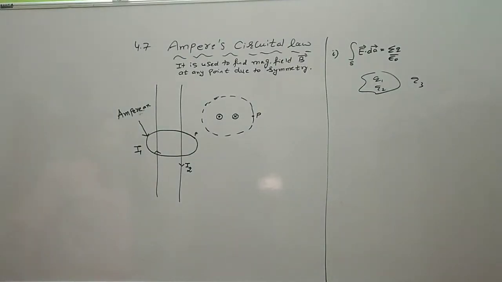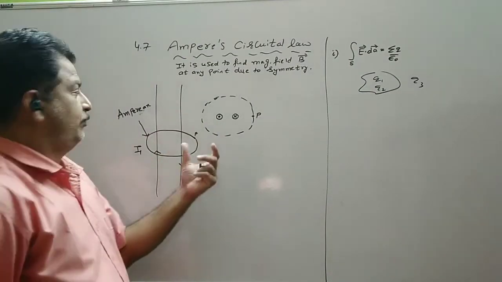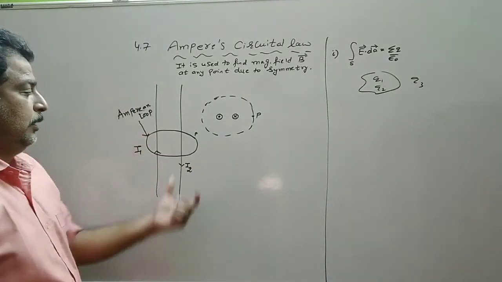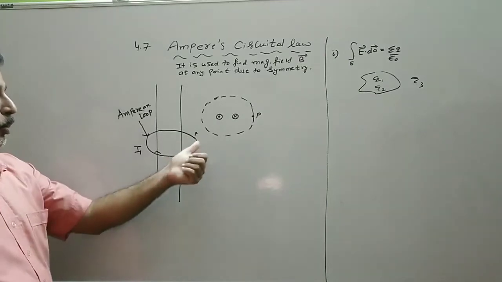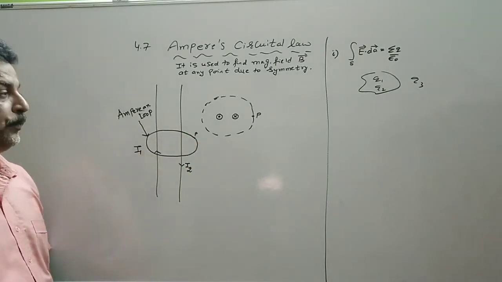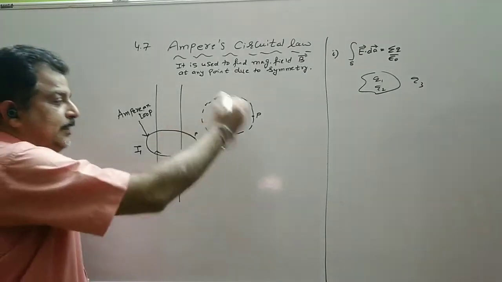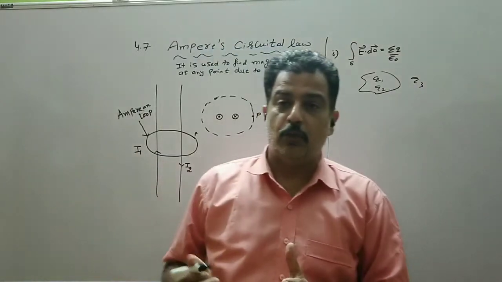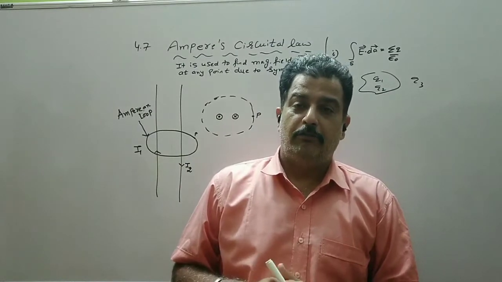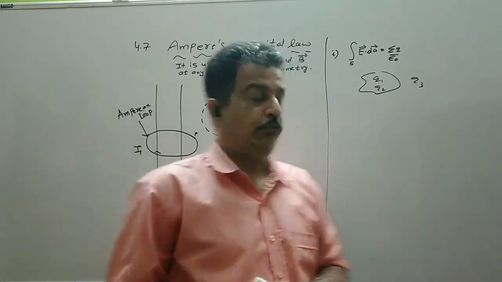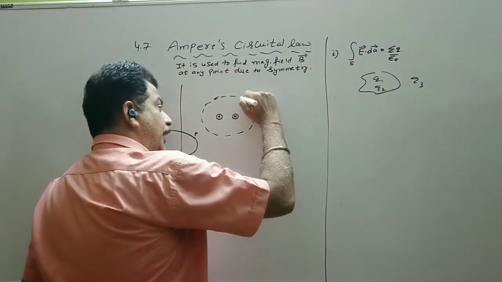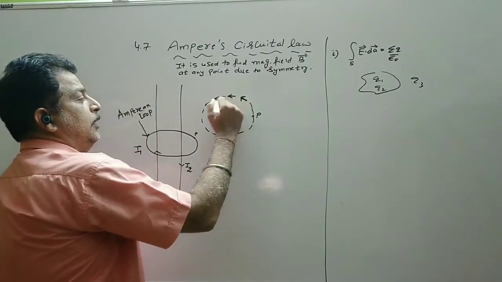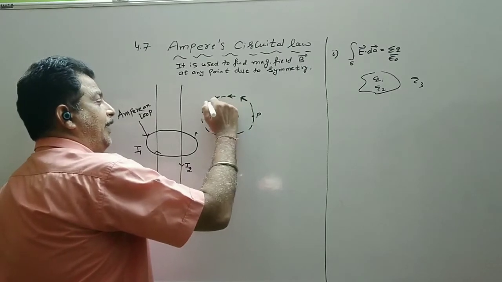Now, the second step is, after considering this Amperian loop in such a way that point P is on that loop, we divide this loop, because it is an open surface or a circle, into line elements. So we divide this loop or ring into small line elements.